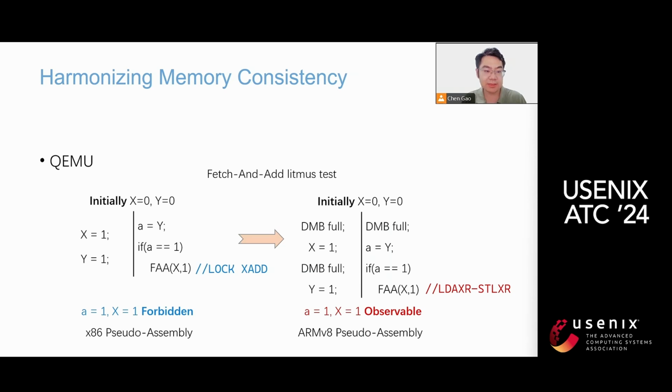For fetch-and-add, on x86, it is accomplished by a single atomic instruction, lock xadd, whereas on ARM it involves an acquire load exclusive and release store exclusive pair. However, acquire load exclusive on ARM may execute out of order with the preceding load instructions, potentially leading to incorrect results.